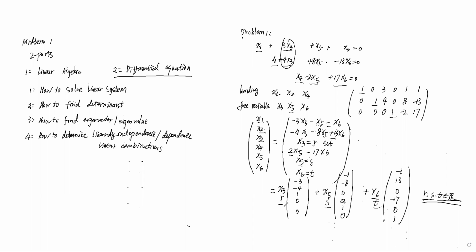So you write the solution x1 through x6 as r v1 plus s v2 plus t v3, with these vectors, and r, s, t in R. Okay, so that's the first problem.